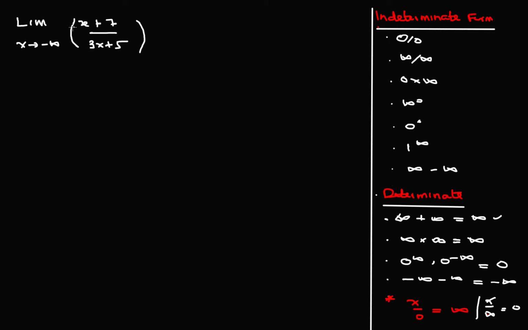Here we can say that this is going to be infinity, albeit negative infinity, and that's going to be infinity as well, negative infinity. So it's negative infinity over negative infinity. If we get that one, we are going to say that it's indeterminate form.